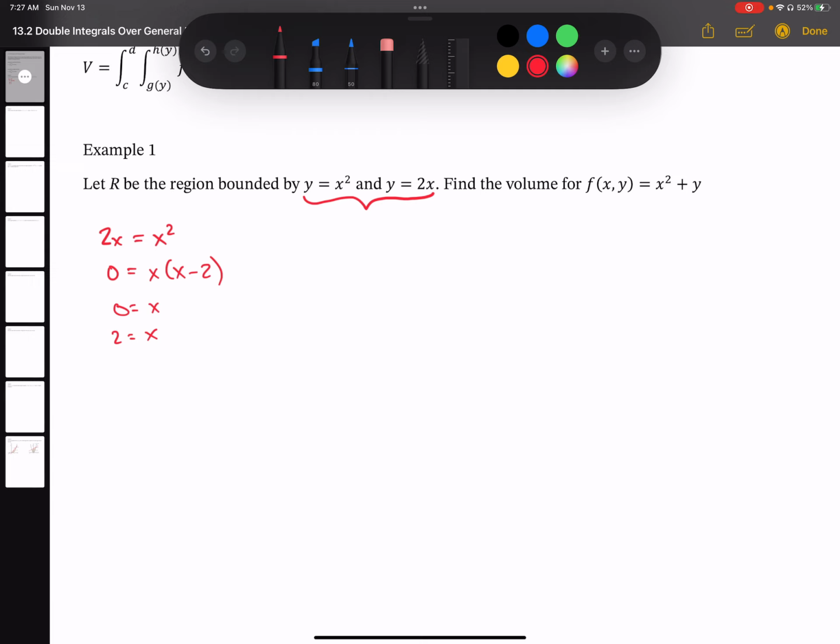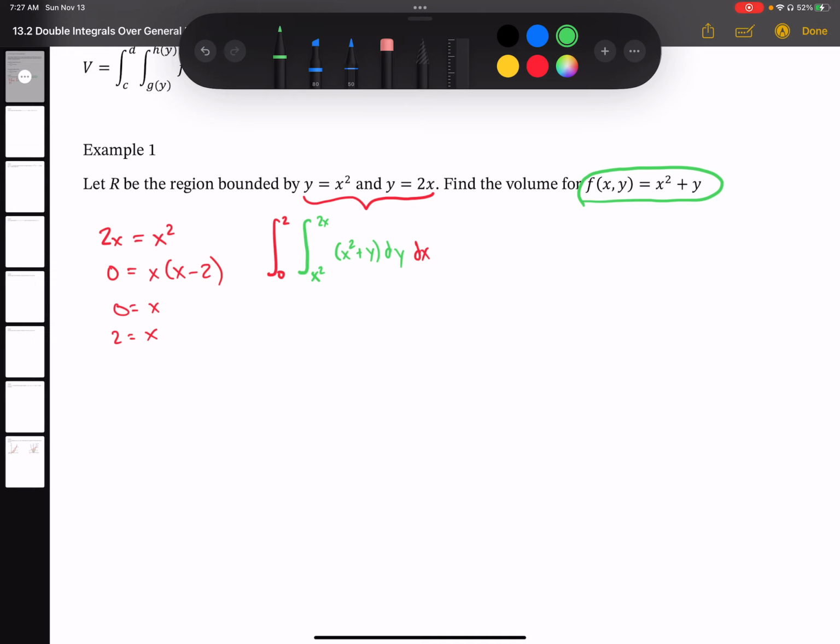So our outer integral is from 0 to 2, and we'll write this in a different color. Our inner integral is from x squared to 2x, and we're integrating over this surface, so that is x squared plus y, dy and dx.